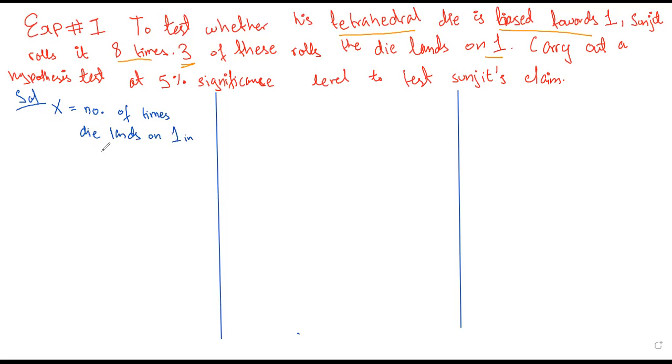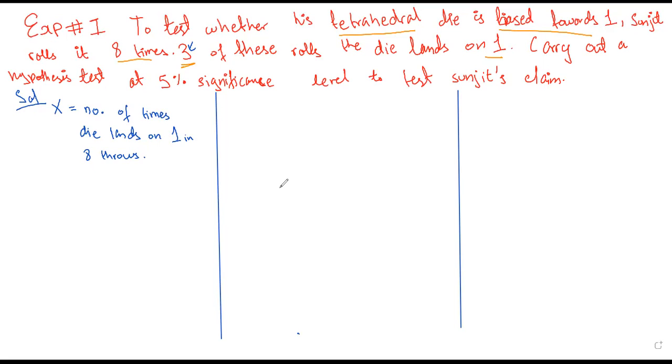You are technically correct that if we say X is the number of times the die lands on 1 in 8 throws, that basically is 3, right? But here we are conducting the test to find out what actually is the situation. So when they ask you to write down the test statistic, you just define it.